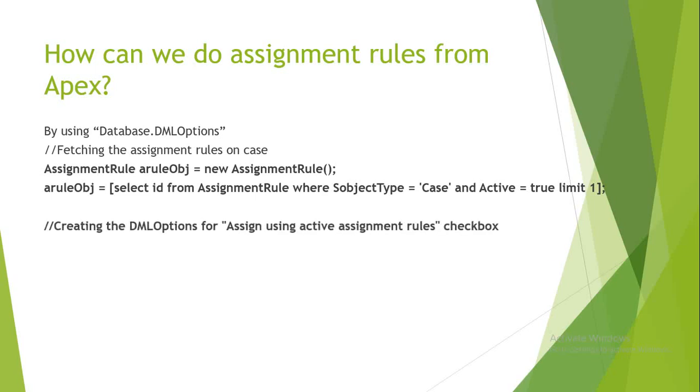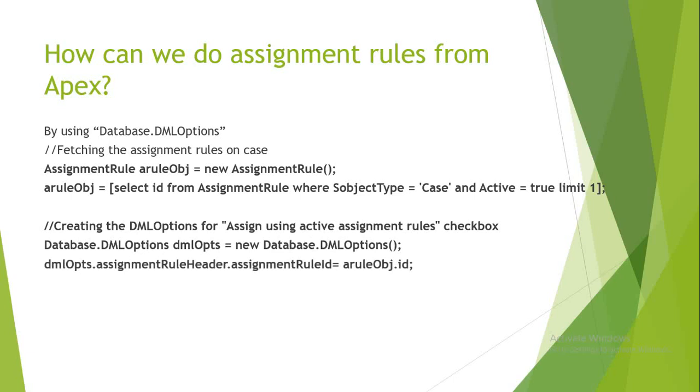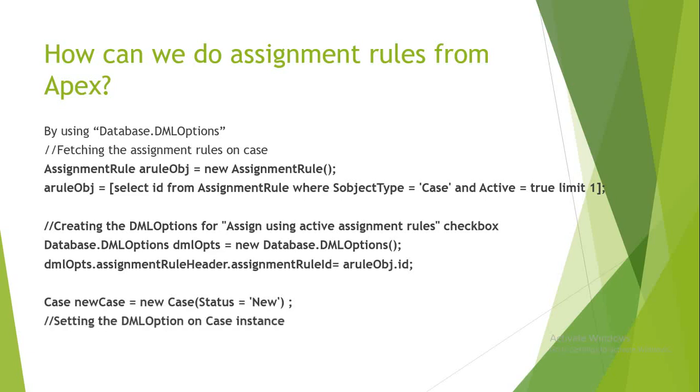Once you retrieve that active rule, you have to create DML options by using Database.DMLOptions. After that, you have different properties, that is assignmentRuleId under assignmentRuleHeader. There you have to assign your assignment rule ID which you retrieved via SOQL query from the assignment rule object. Then you start preparing the case and assign your DML options with the help of the setOptions method for your new case instance.